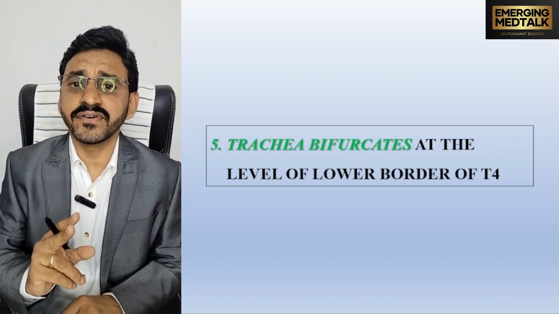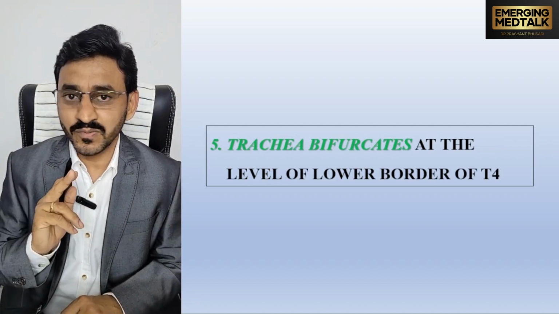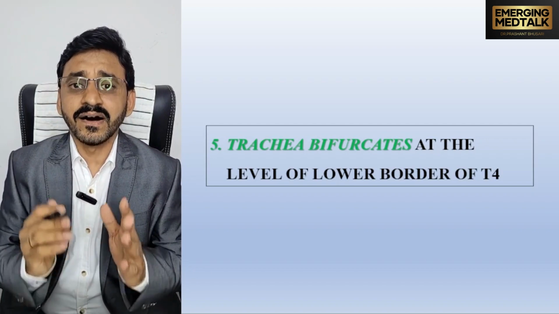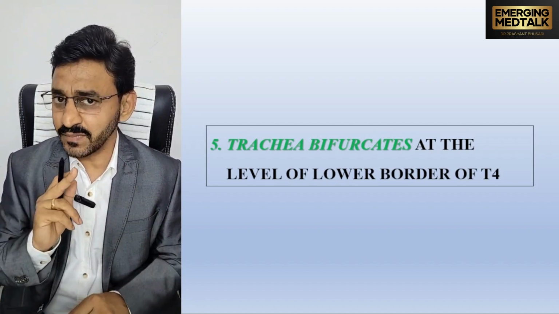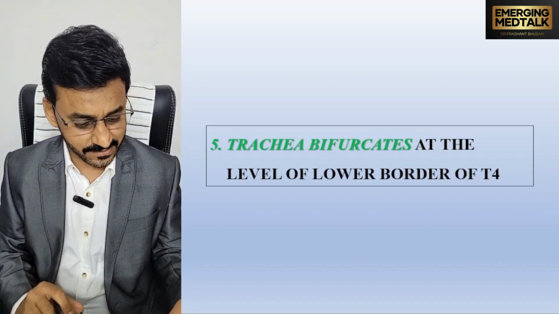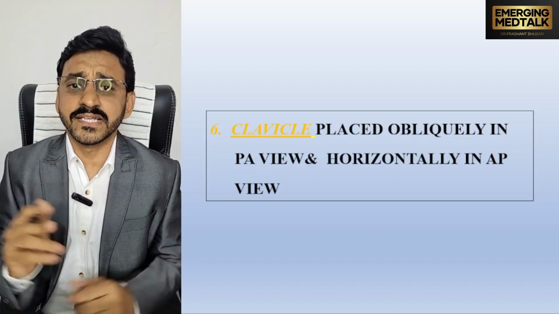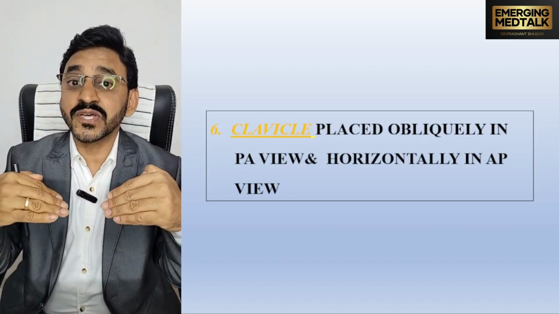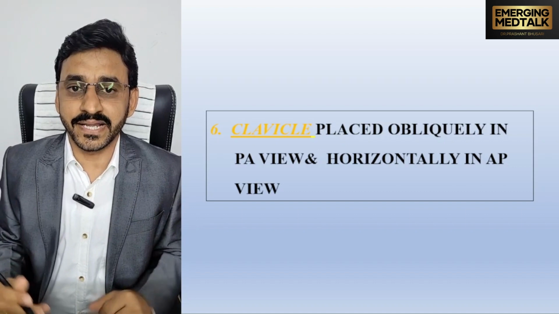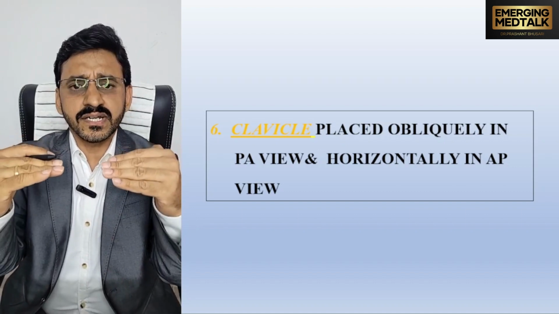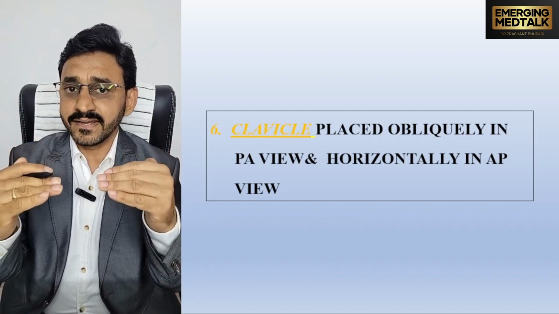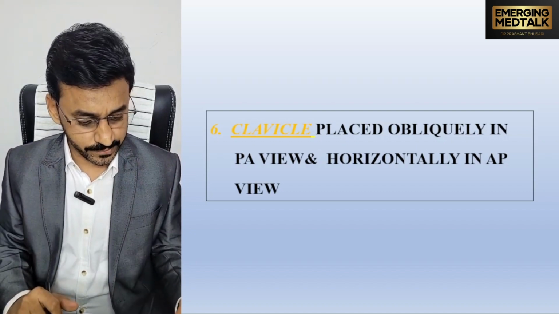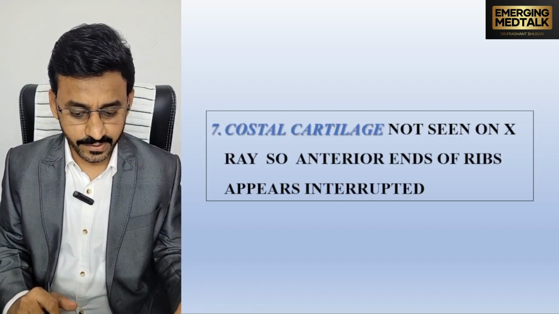The trachea bifurcates at the level of the lower body of the fourth thoracic vertebra into the right and left principal bronchus. That bifurcation is called the carina. The clavicle lies somewhat obliquely in the posteroanterior view and somewhat transversely, horizontally straight, in the anteroposterior view.